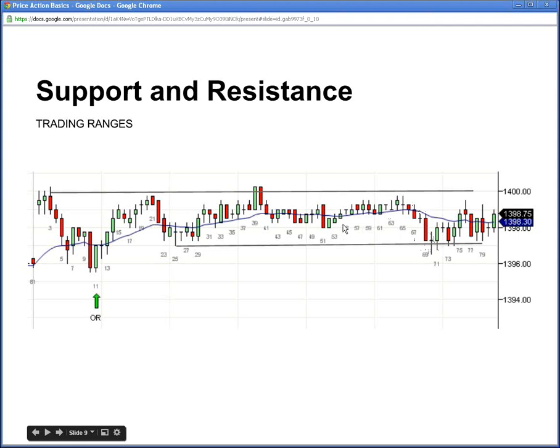When the range is so small, if you buy here, you have to realize that your profit is, just like our previous example, one tick. Here it will be very, very small. So when the range is small, it's best not to do any trading. You want to wait for the range to get larger.